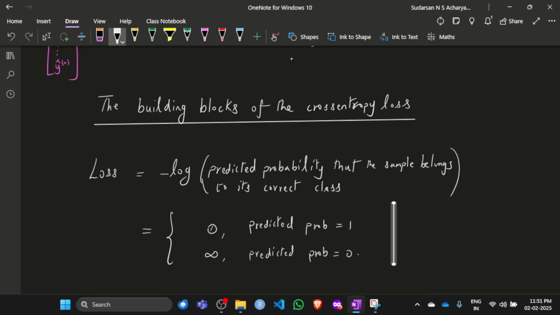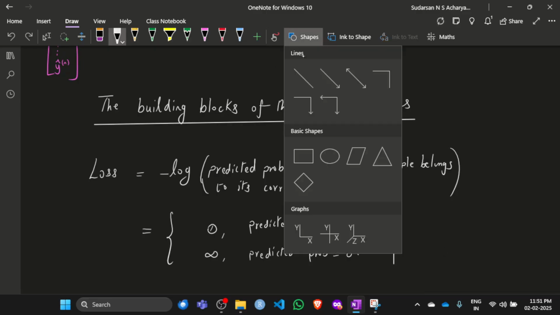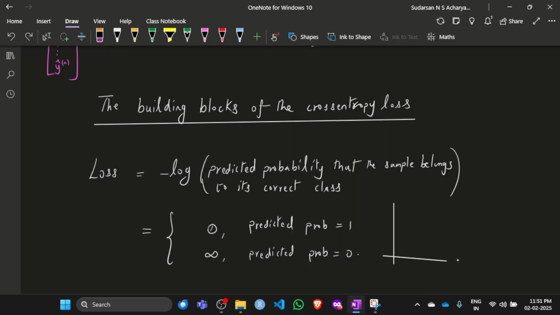Right? So here is how the log function looks. You have the input and the output relationship like so. This is something we've already seen. So if this is the input axis, so this is the input, and the log of the input is going to look like this.